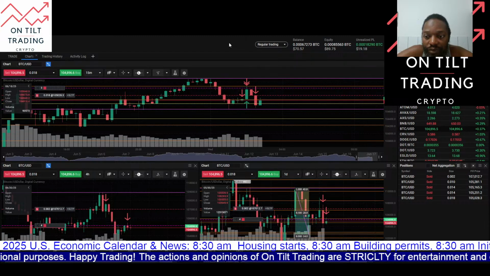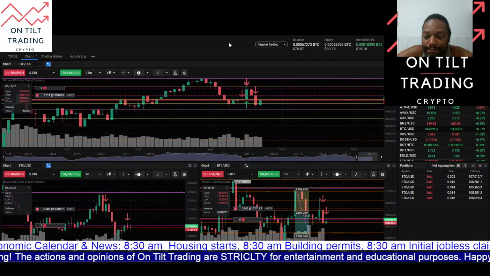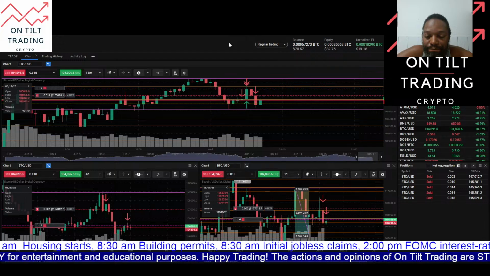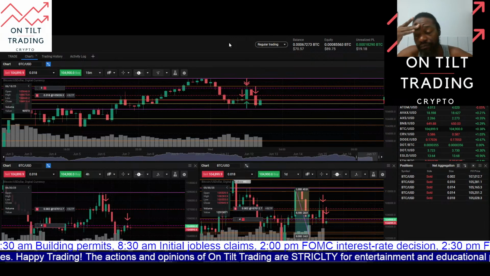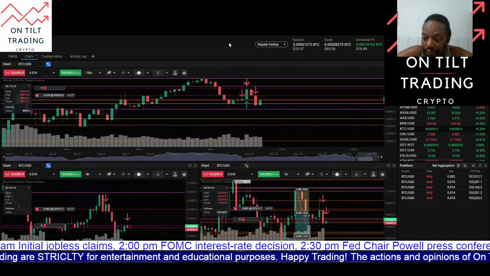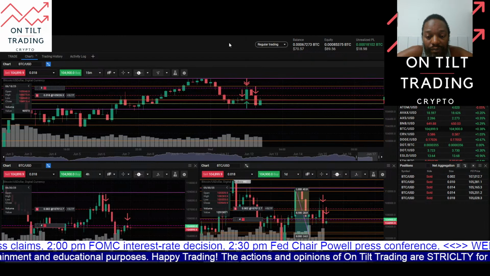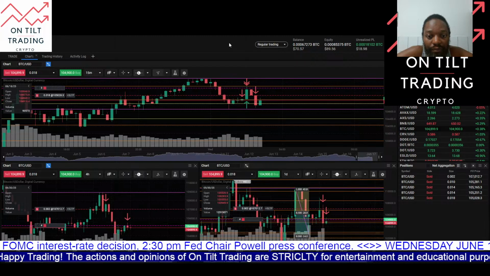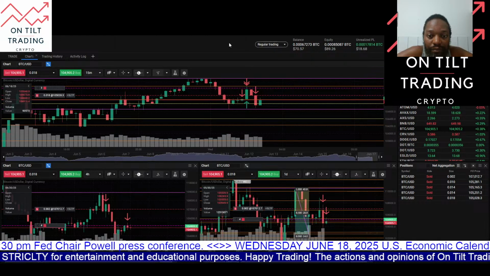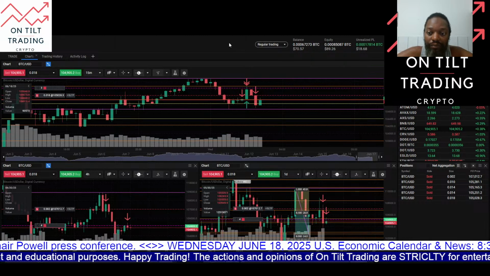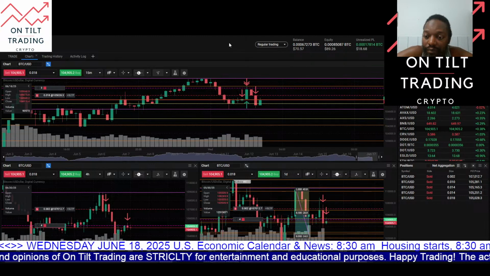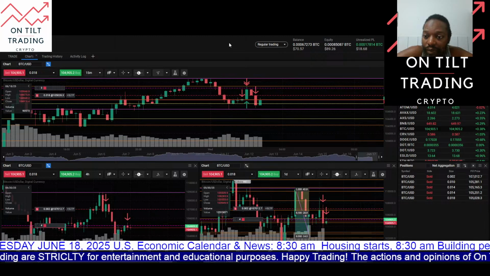Price still trading below the reaction level. Price holding at the 104,900 level.